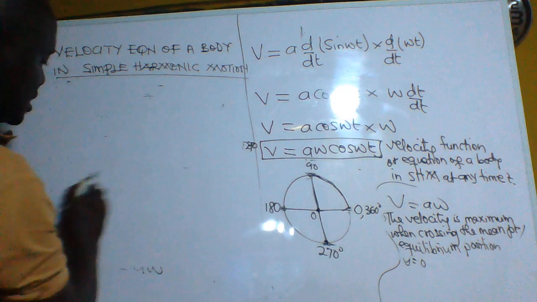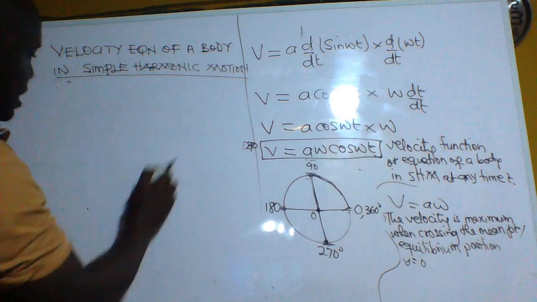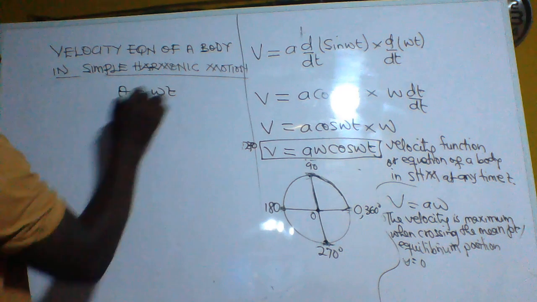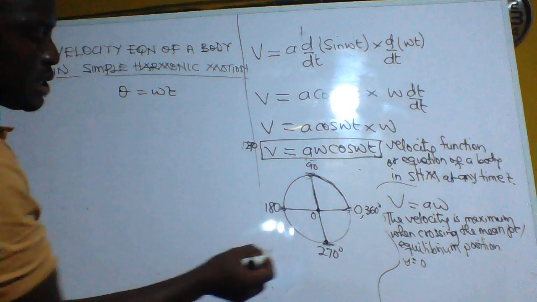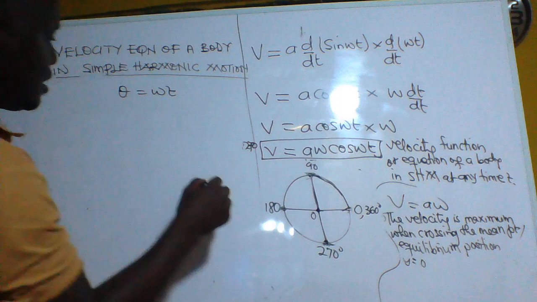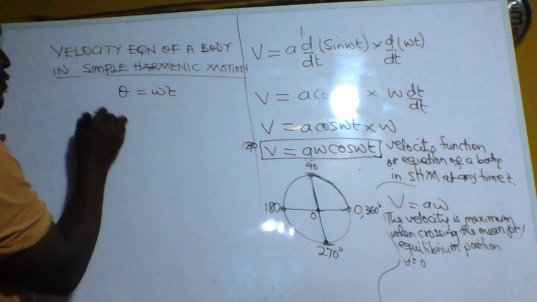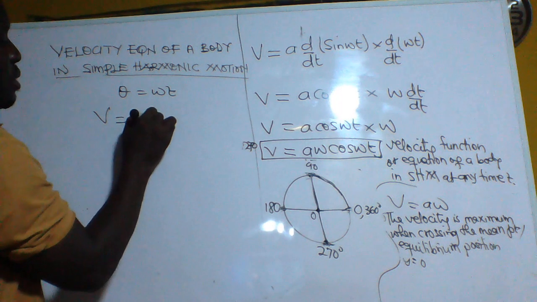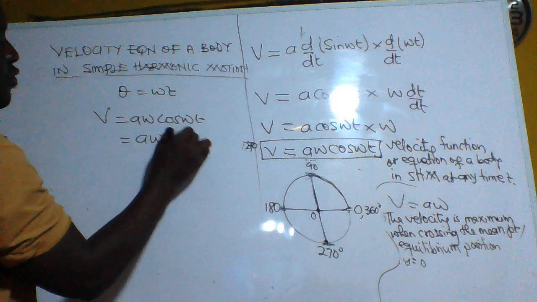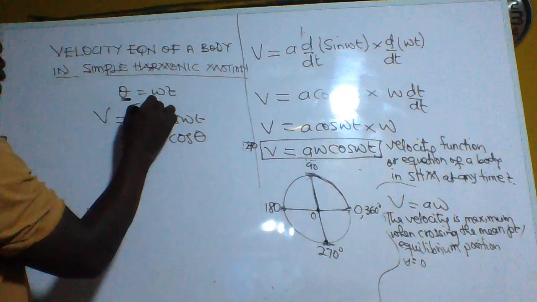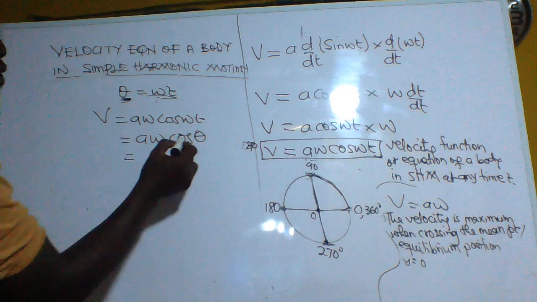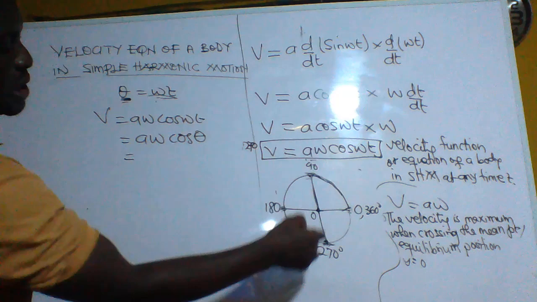So don't forget, the angular displacement theta is omega t. So this is when you are expressing theta in terms of the time taken. When you don't want to use v is equal to a omega cos of omega t, then it has to be a omega cos of theta, because omega t is equal to theta. Then here you are expressing the velocity in terms of the angle it makes, not in terms of the time.